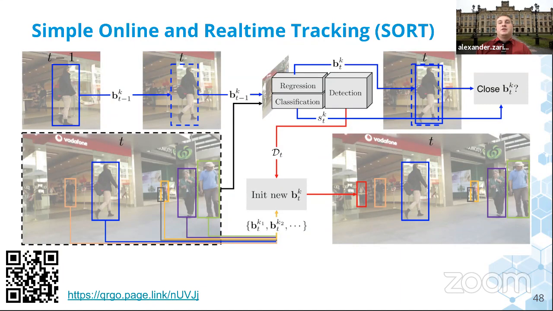We calculate the velocity of each object and try to project its possible location on frame t. And then, simply using the IoU matching algorithm, we try to match predictions produced by our object detector with these projected bounding boxes, and in such a way prolong the object trajectory history.